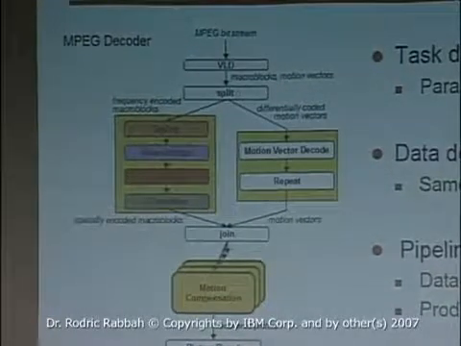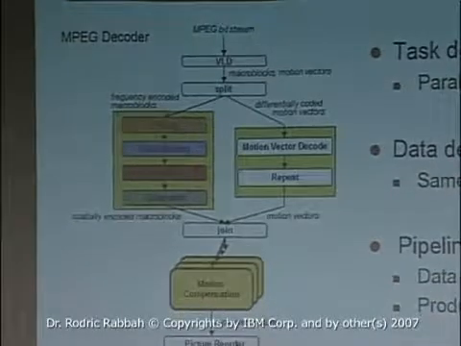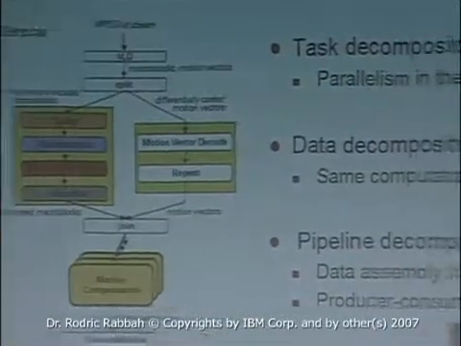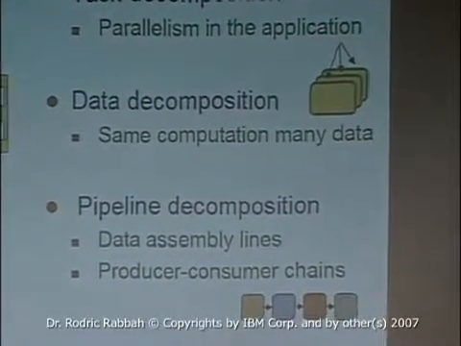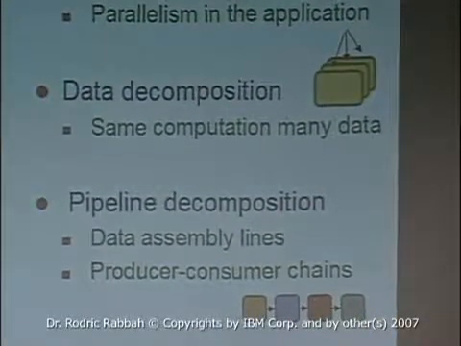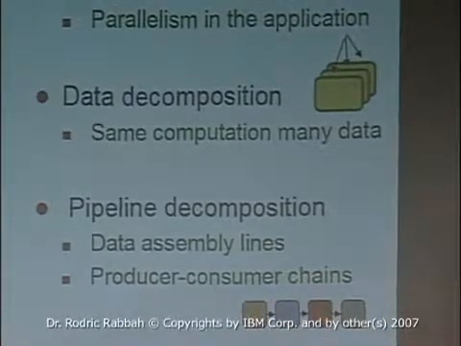We talked about data decomposition. If you have some work that's consuming a large chunk of data, and you realize that it's applying the same kind of work to each of those data pieces, then you can partition your data into smaller subsets and apply the same function over and over again.